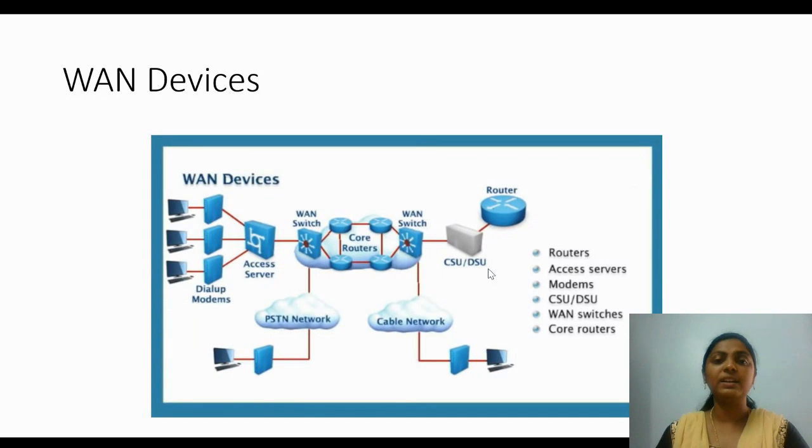We all know that an important functionality of the data link layer is framing and synchronization, and this CSU DSU unit takes care of that. The third functionality of the CSU DSU unit is it performs error detection at the physical layer. So these are the three important functionalities of the CSU DSU unit, the channel service unit and the data service unit.